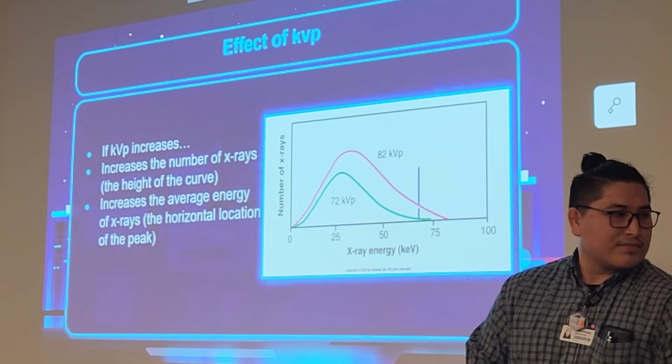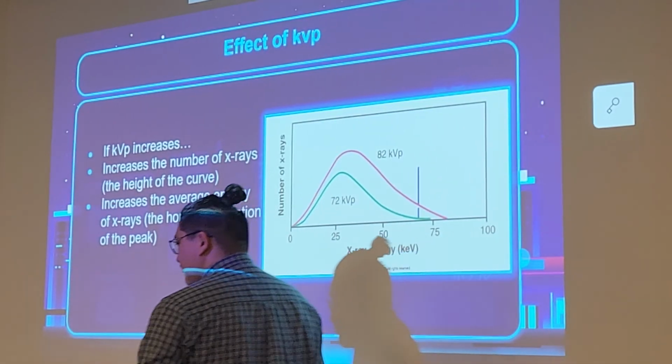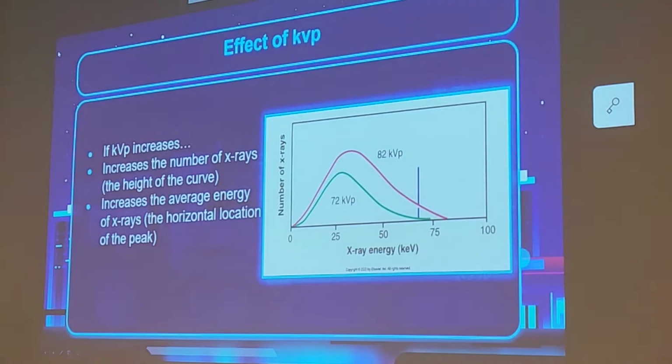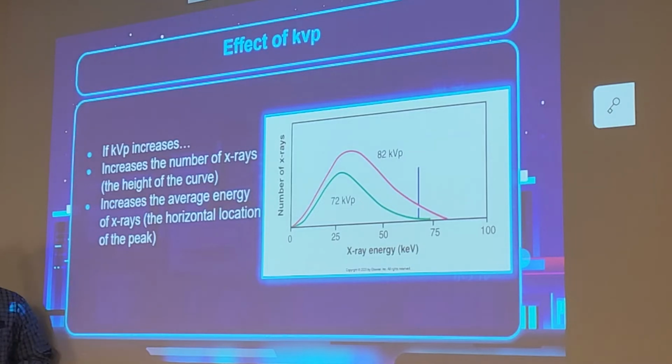Now I do want to point out one more thing. The peak of the spectrum has moved in which direction? Going from green to pink, the peak has moved towards the right, and it's also moved up. Good. But look at the blue line. Did the blue line change left to right?